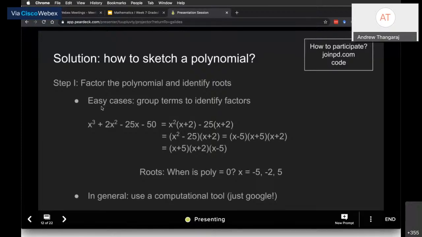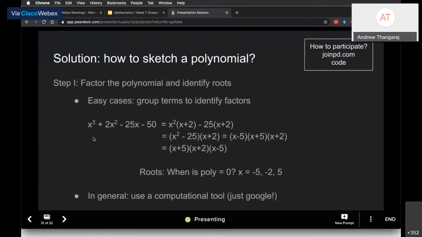We'll mostly consider easy cases in this course. The first thing in the easy case is to factor the polynomial and identify the roots. It's the most natural thing to try for any polynomial, and you should try that first. I'm talking about easy cases where the factoring is very easy.